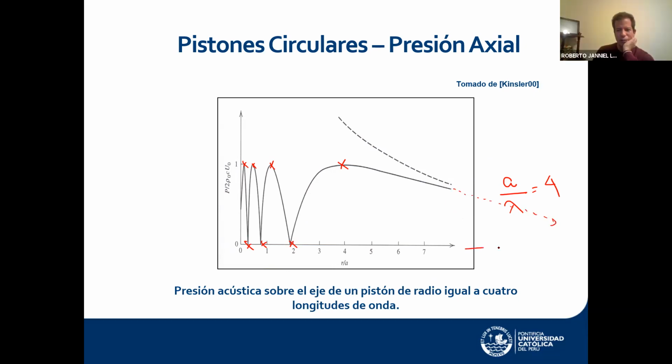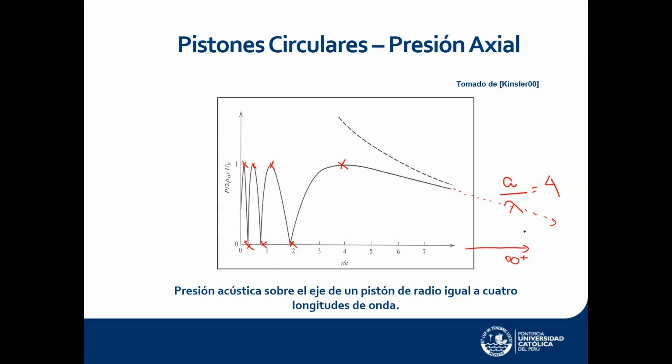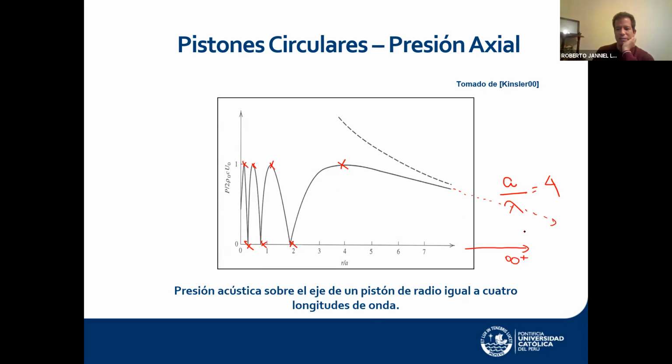Long. So if we go all the way to plus infinity, then you will get to see a final 0. So actually in acoustics, we are kind of interesting sometimes, and that last 0 is the first 0 for us, and this last axial maximum is the first maximum, because these are guaranteed to exist.